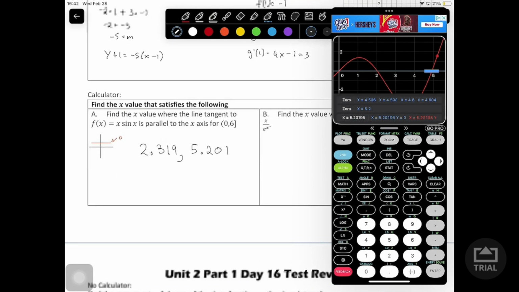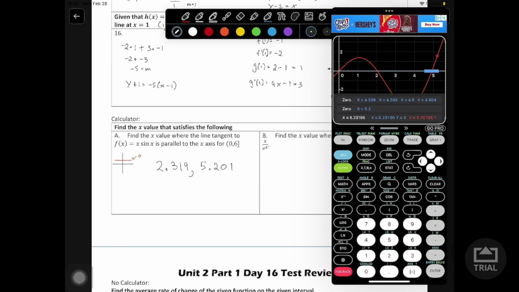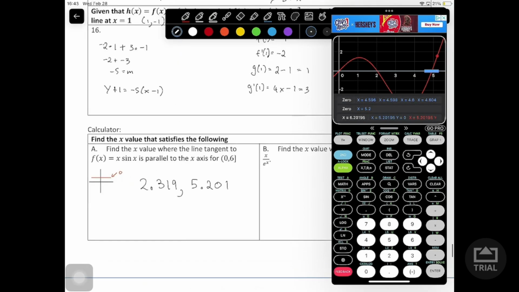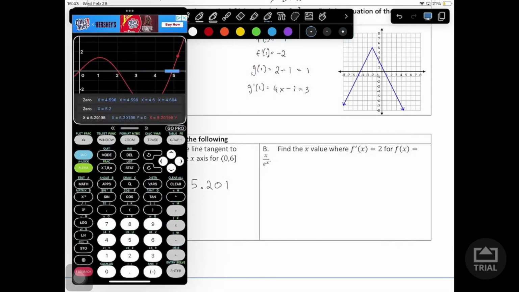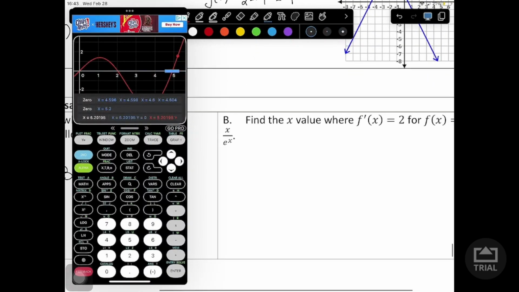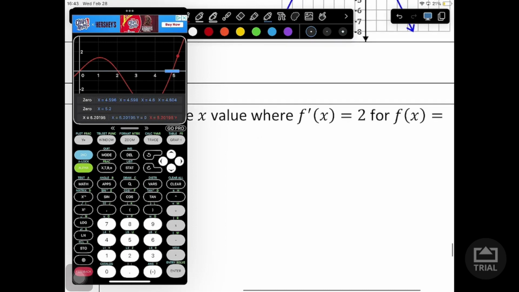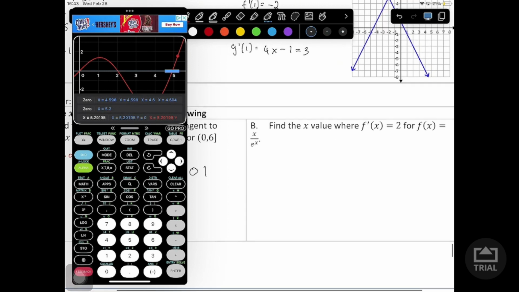Now for the second one, what we're going to do is find the x value where the derivative of f of x is equal to 2.